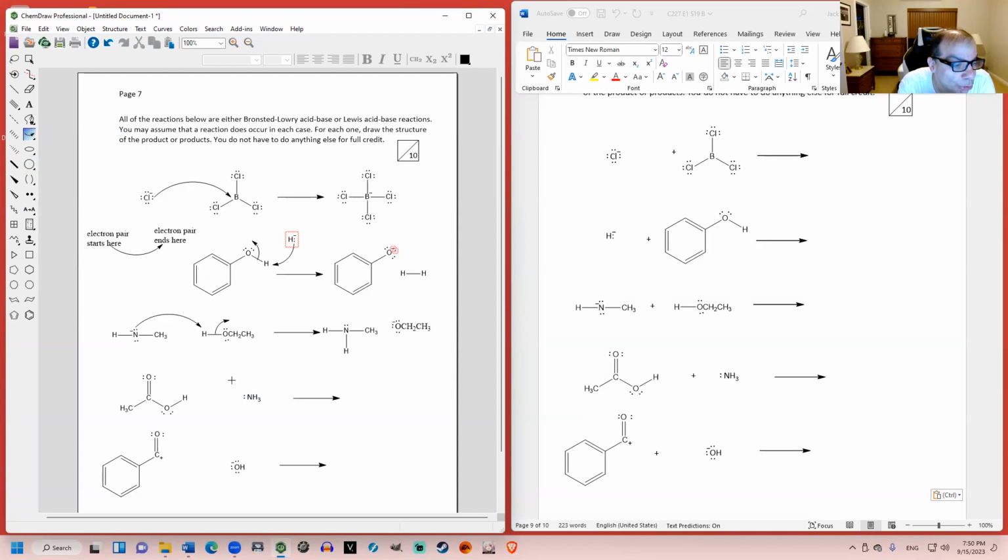So remember, the arrow always starts at the base and goes to the hydrogen on the acid. Then we break this oxygen-hydrogen bond and put the electrons onto oxygen.